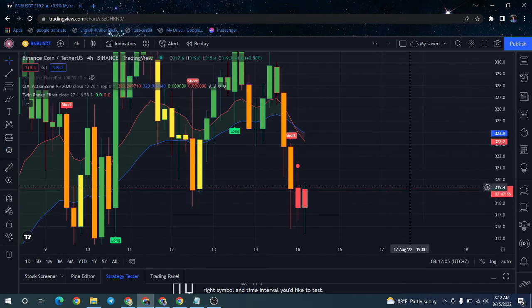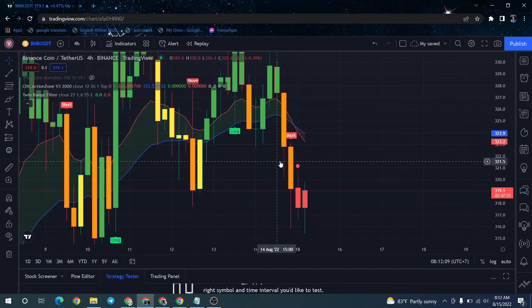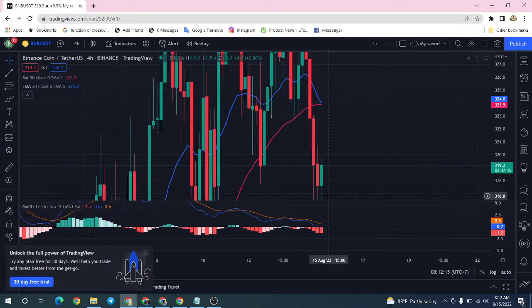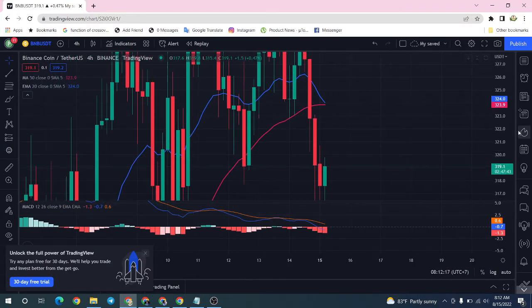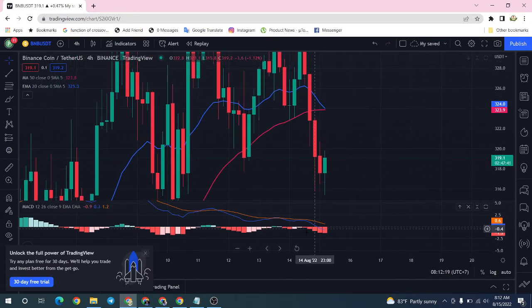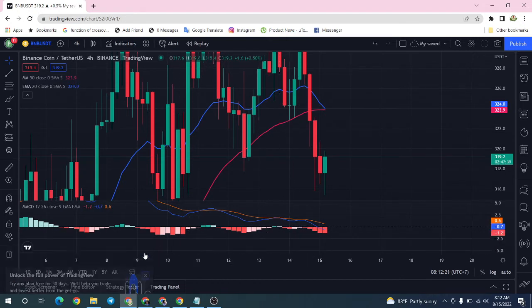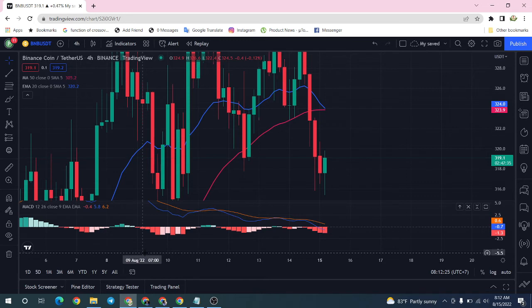But if you base on only one, for example CDC Action Zone, that doesn't work. So remember, you must combine all of these together.